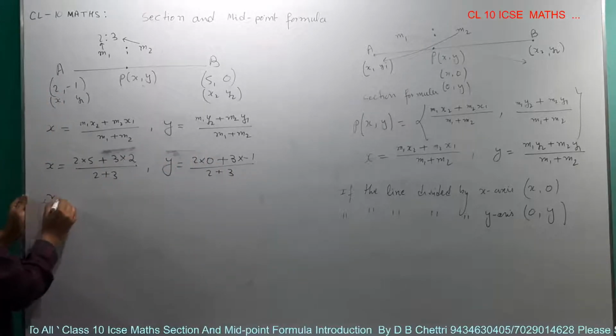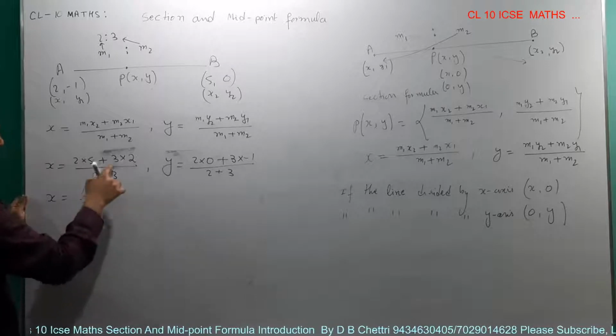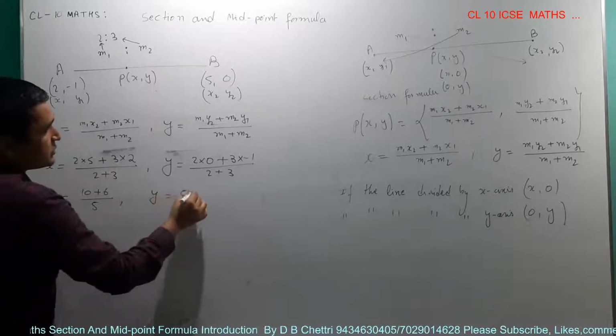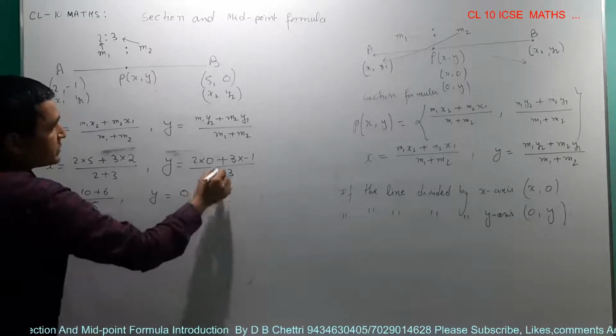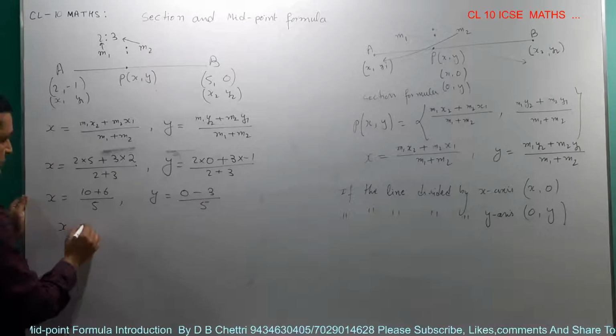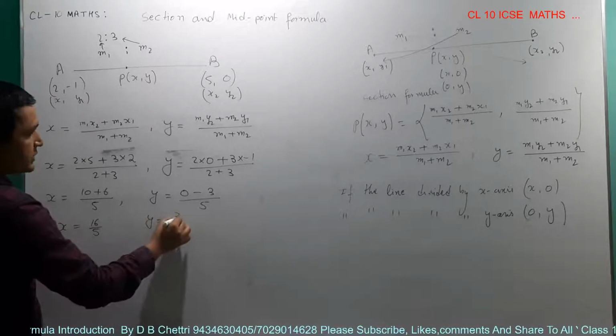Now x equals 10 plus 6, which is 16 by 5. Then y equals 0 plus minus 3, which is minus 3 divided by 5. So x equals 16 by 5, and y equals minus 3 by 5.